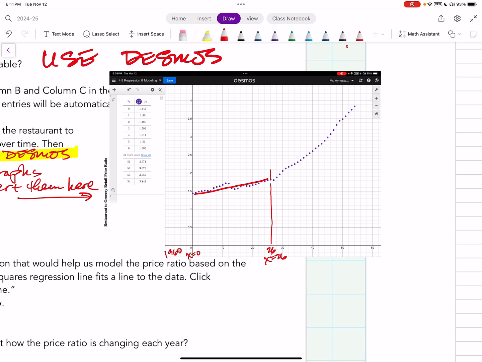Oh, I didn't do that right. Actually, let me redo that. I didn't draw that line correctly here. So right about here is the point. Let's go down here, and that's about 28. So when x is about 28, which is 1960 plus 28, 1988.